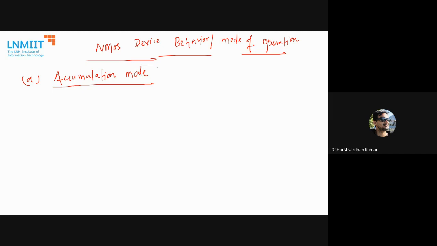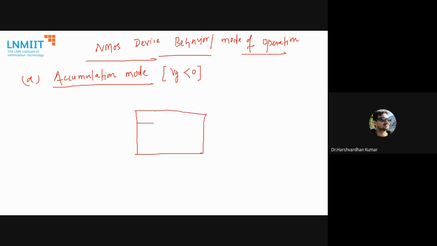Now in accumulation mode, the gate voltage is less than 0. What will happen in that case if Vg of the NMOS device is less than 0? We will see. Let us draw the circuit once again so you can understand.